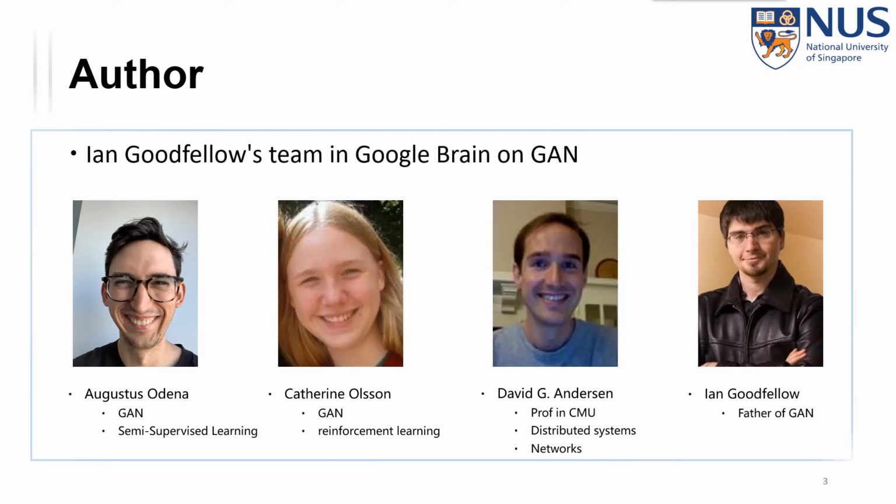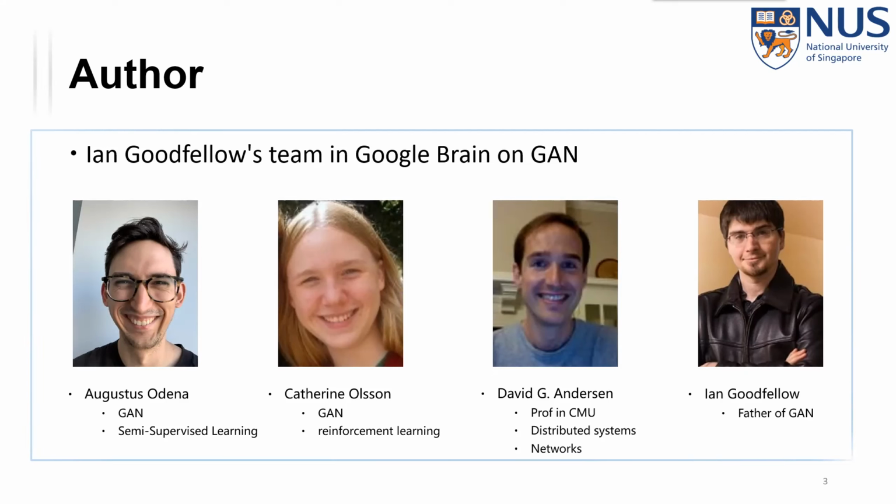And for the 4 authors, the first 3 of them are team members. When the paper was published, the first 3 authors were team members of Ian Goodfellow. The first author, Augustus Odena, works on GAN and semi-supervised learning. The second author, Catherine Olson, also works on GAN, but before she was in Ian's group, she focused on reinforcement learning.